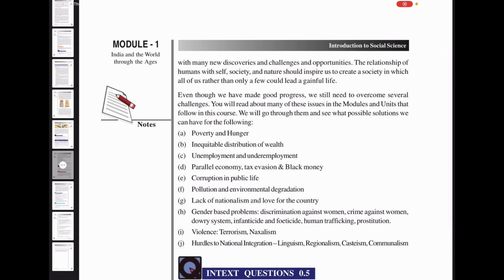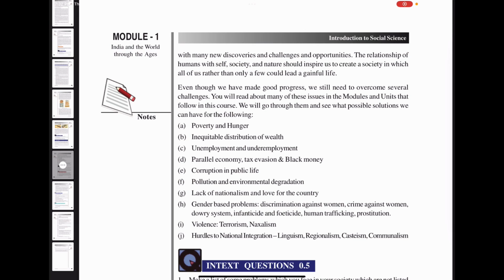We will go through them and see what possible solutions we can have for the following: poverty and hunger, inequitable distribution of wealth, unemployment and underemployment, parallel economy, tax evasion and black money, corruption in public life, pollution and environmental degradation, lack of nationalism and love for the country, gender based problems, discrimination against women, crime against women, dowry system, infanticide, foeticide, human trafficking, and prostitution, violence, terrorism, Naxalism, hurdles to national integration, linguism, regionalism, casteism, communalism.